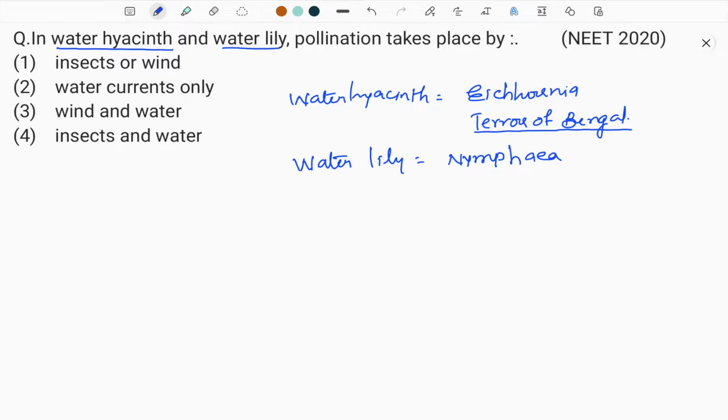So, water lily, water hyacinth, and another is water lettuce. It is called Pistia botanically. Another is lotus, that is botanically called Nelumbo, that is Nelumbo nucifera.